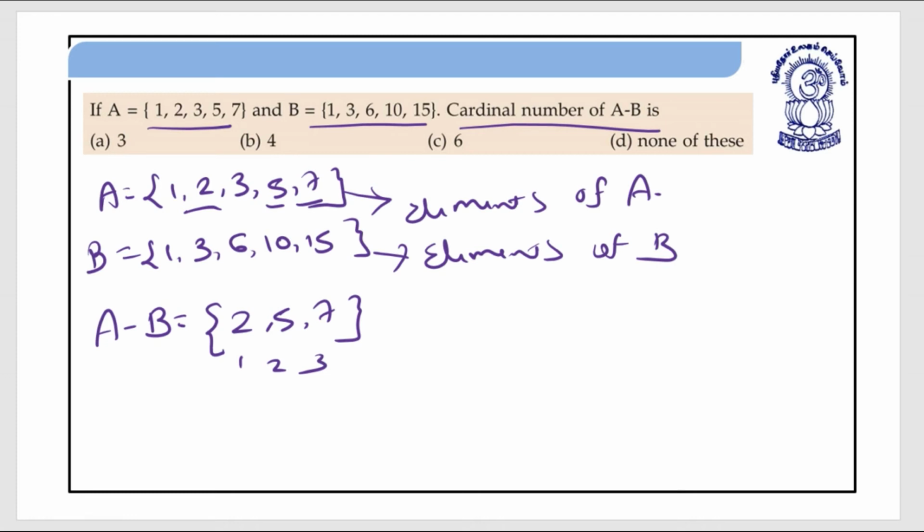So cardinal number of A minus B is equal to 3.